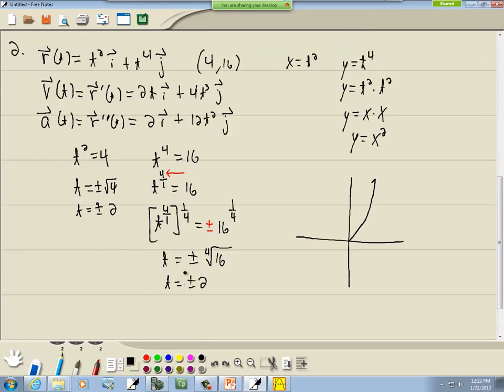But remember what I said. If we look at just this over here, positive t and negative t both give us the same x and y in this problem. So let's take a look at t is equal to 2, and let's find our velocity.